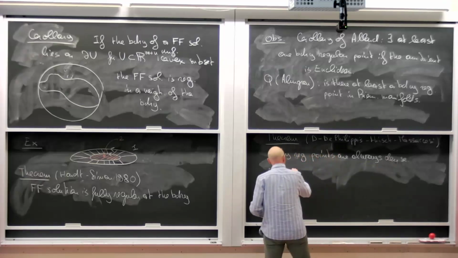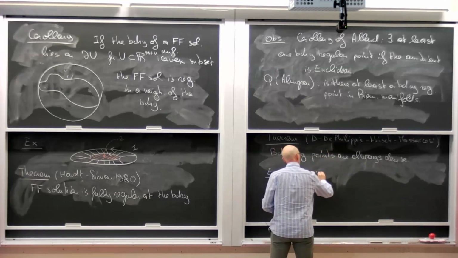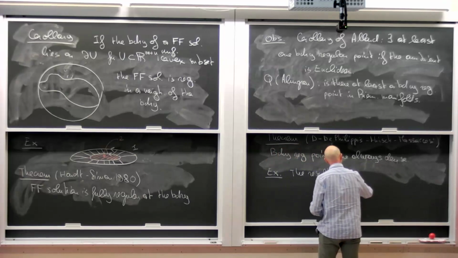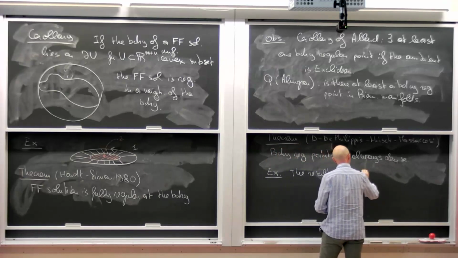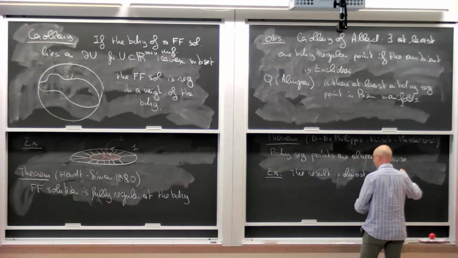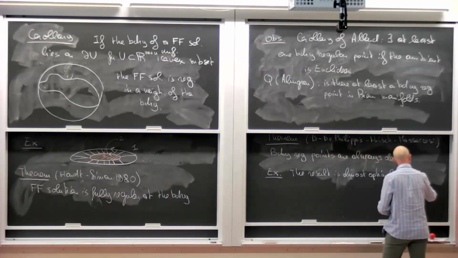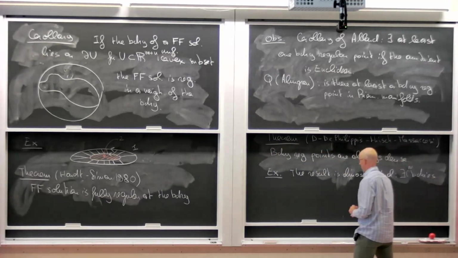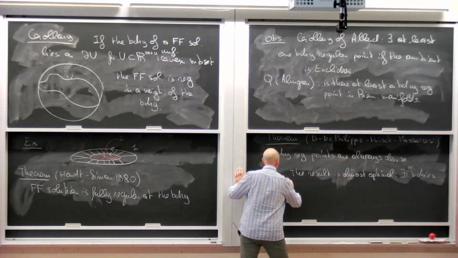So the result is optimal or almost optimal in the sense that there exist boundaries which are smooth, so C infinity in R^4, so they would be curves.